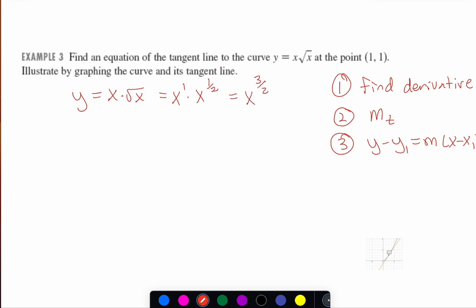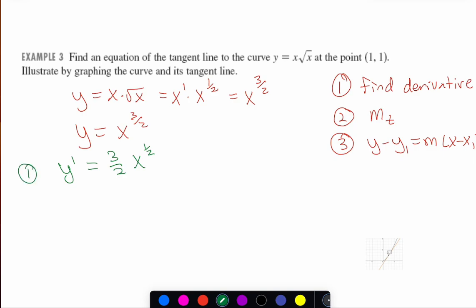Now that looks very nice because now I'm ready to use my power rules, right? So the derivative, I drop the power down in front, the power goes down by 1. 3/2 minus 1 is 3/2 minus 2/2, or 1/2. Okay, so that's step 1.